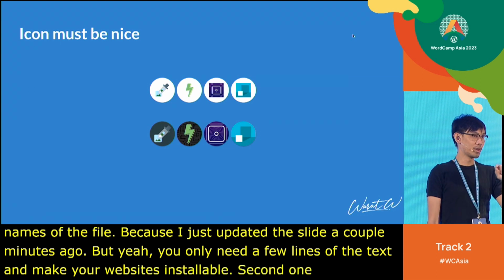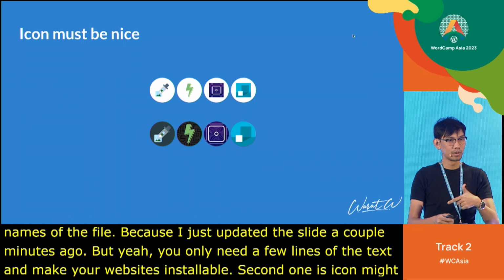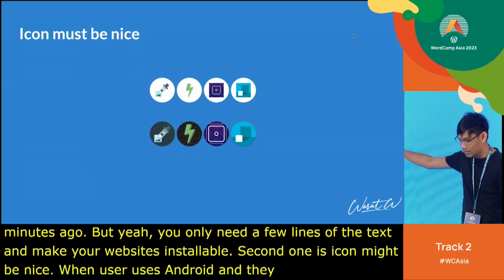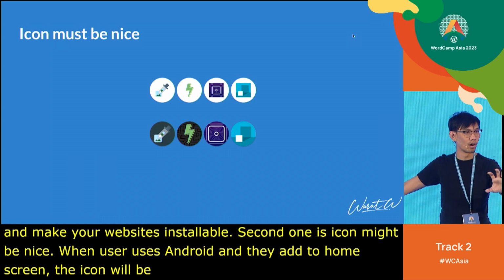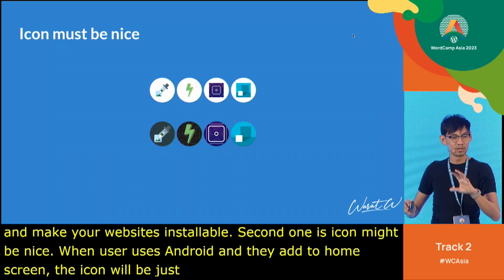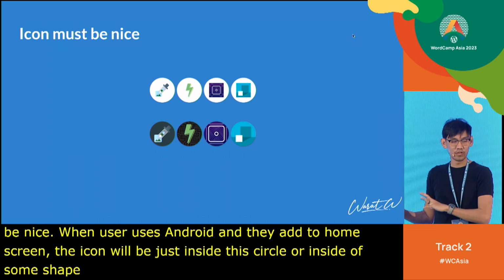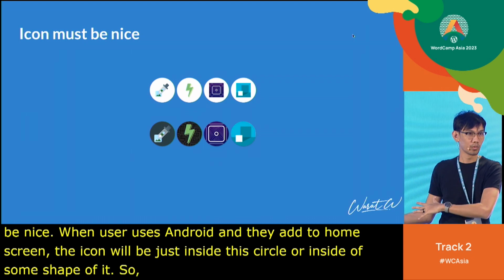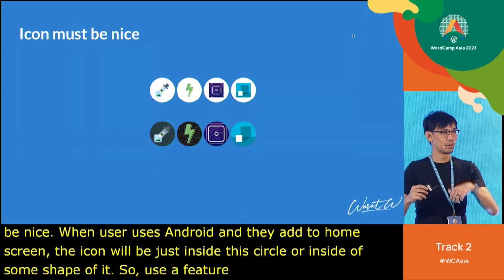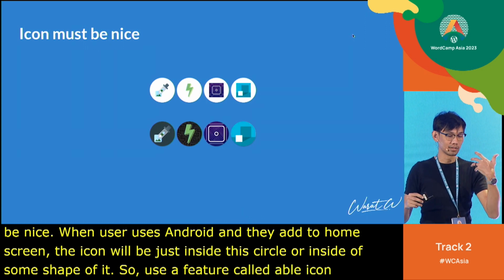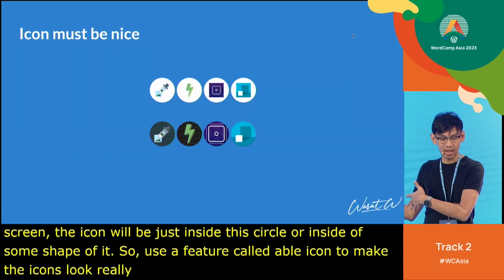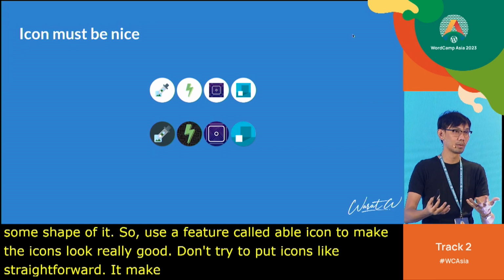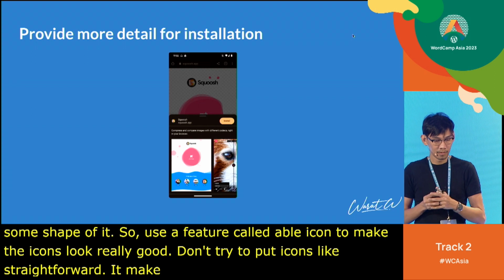When a user on Android adds to home screen, the icon will be placed inside a circle or some other shape. So use a feature called maskable icon to make the icons look very good. Don't just put icons in straightforwardly. It makes the icon of your PWA look the same as a native app.